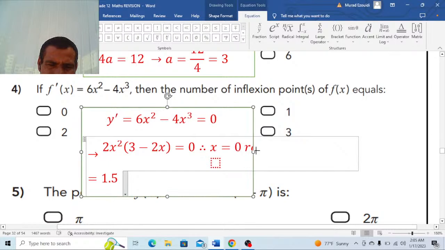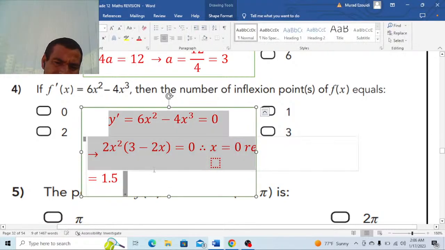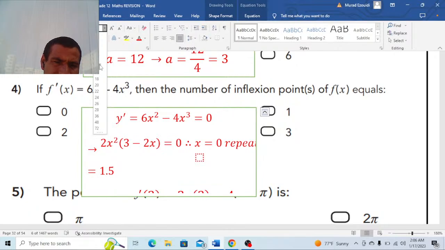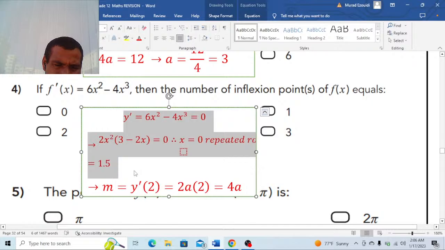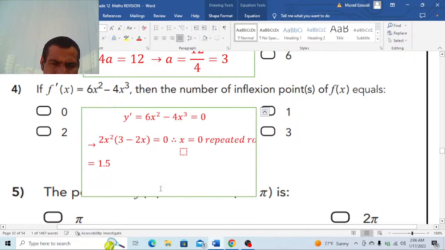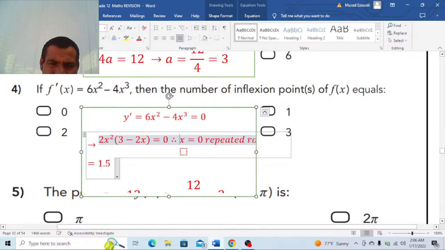Therefore, learners, the number of inflection points here is in fact 3, simply because x equals 0 is a repeated root, and what else?